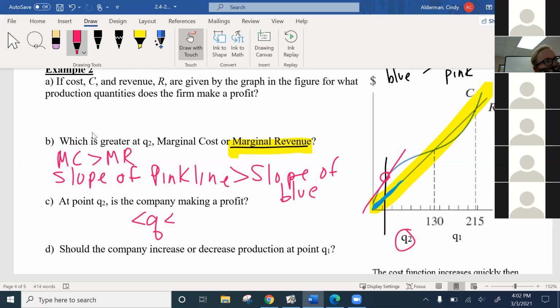Between what two numbers on the graph? Between 130 and 215. Yeah, absolutely. Q is between 130 and 215.